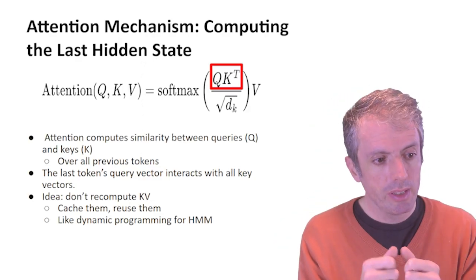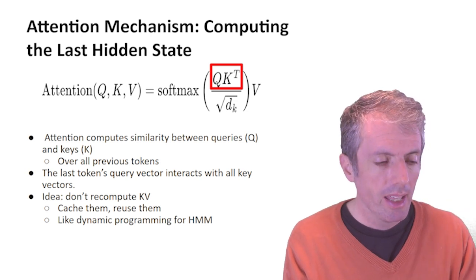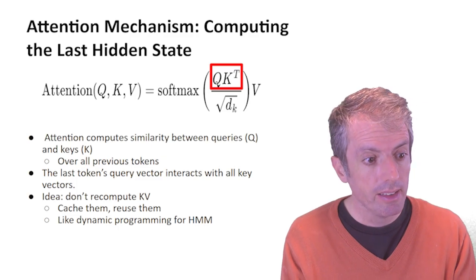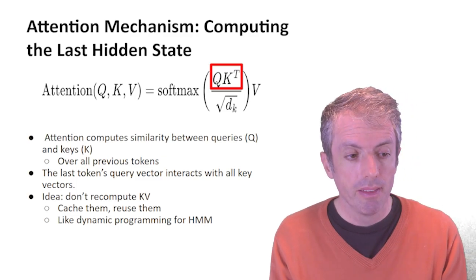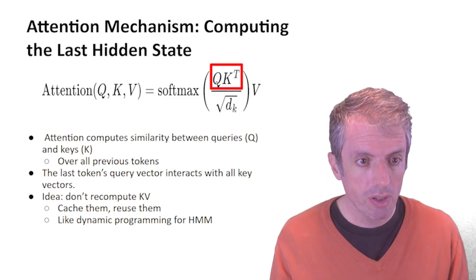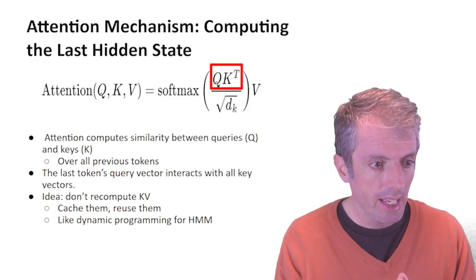This last token's query vector Q interacts with all of the key vectors that came before it. And so the idea here is, let's not recompute K and V for all of the previous tokens. Let's cache that across all of the layers, all of the heads.